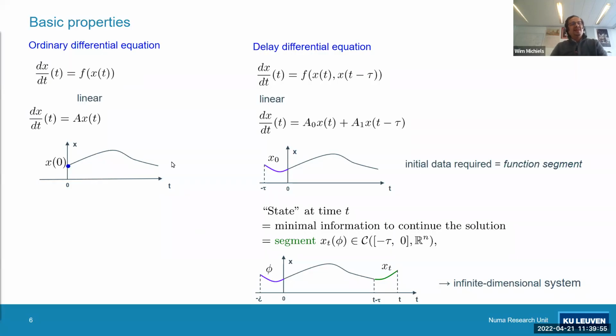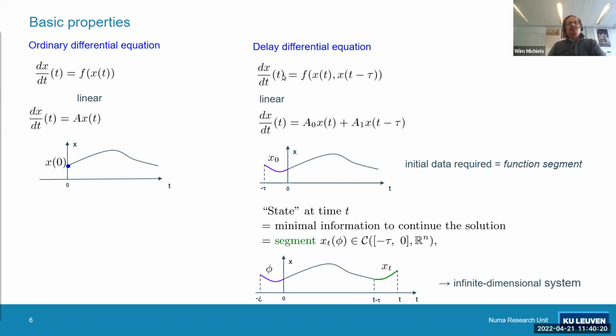For an ODE, to make things clear, if you want to define a solution, what you need is a vector. It's time invariant. So if you know an initial condition, a vector at the initial time, you can define the solution forward in time. For a delay equation, what you actually need is a function.